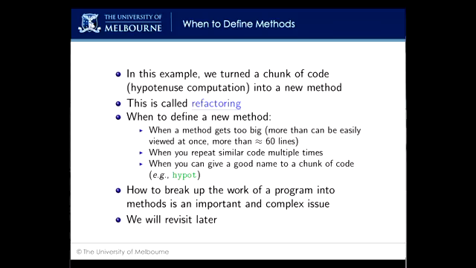Okay. So when do we define methods? When is the right time to define them? I would argue you always use methods. I can honestly say every time I code in a professional context, and I've coded for huge companies, you always launch into a method immediately.